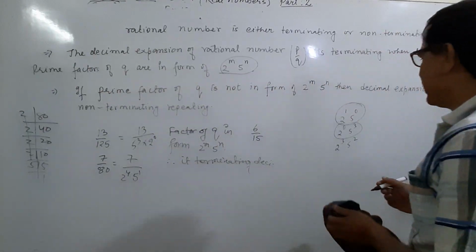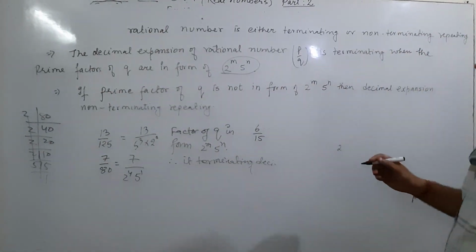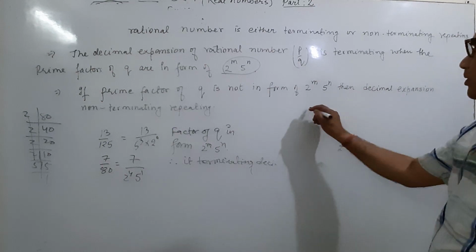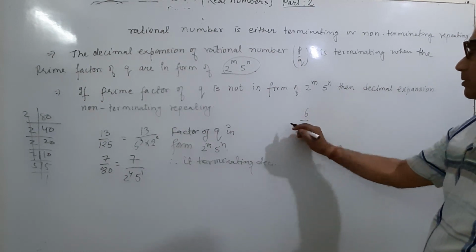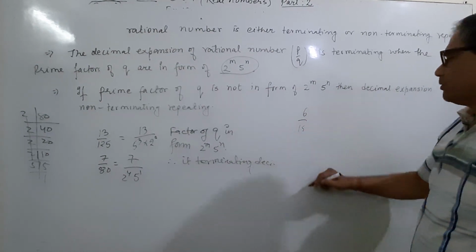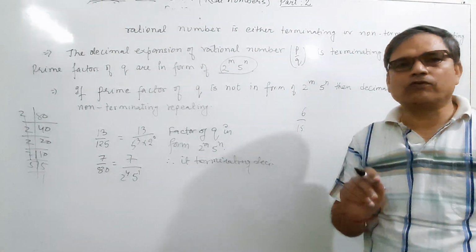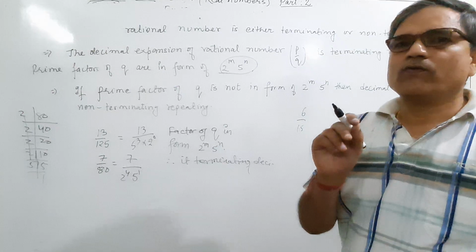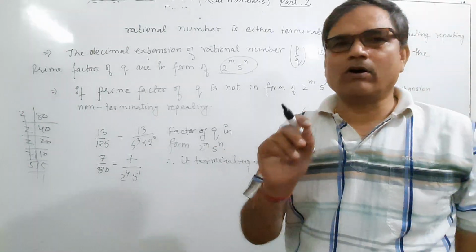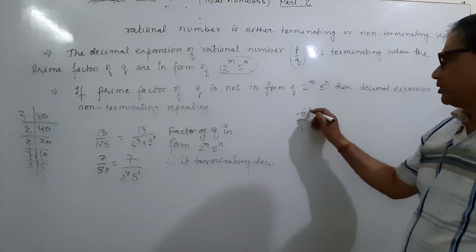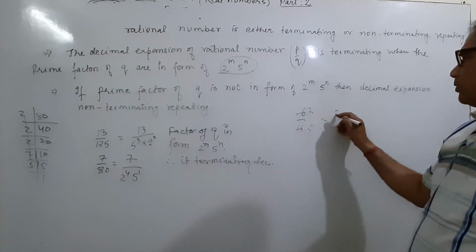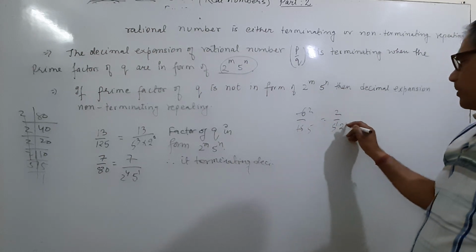Here is 6 upon 15. What I told you? Don't make the direct factor of Q. First, you have to check whether it can be simplified or not. It can be simplified: 3 times 2, 3 times 5. It means 2 upon 5, which is 5 power 1 and 2 power 0.